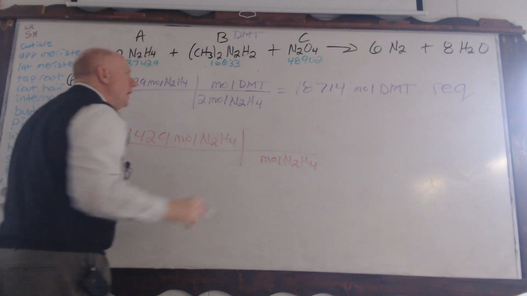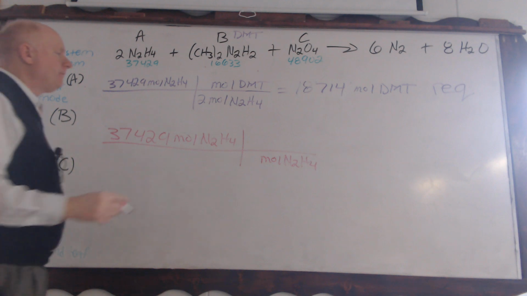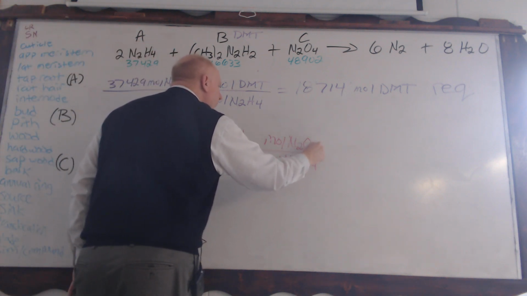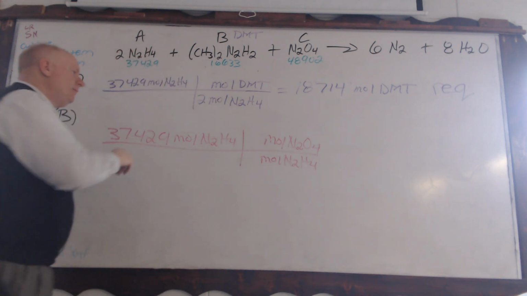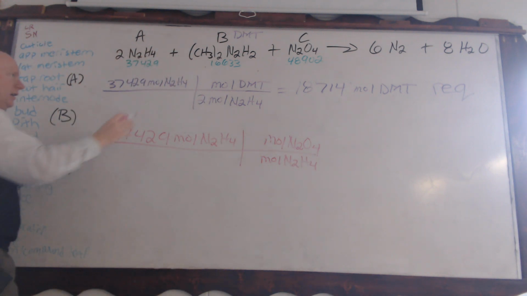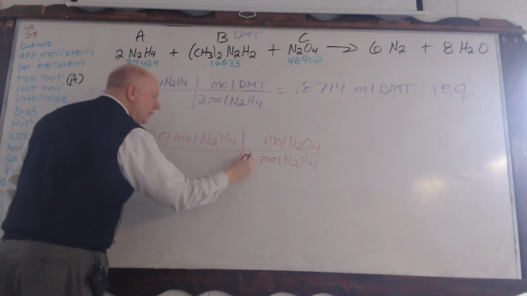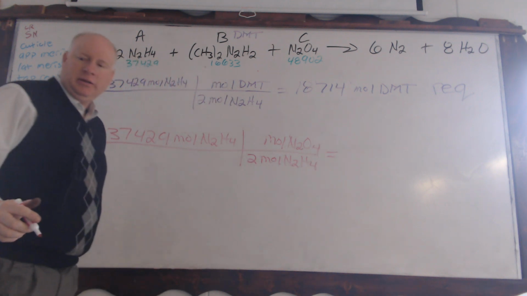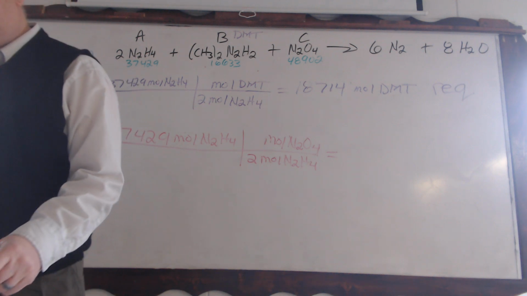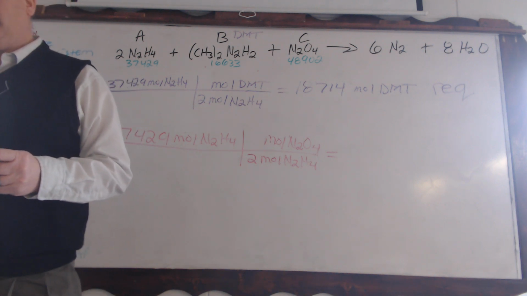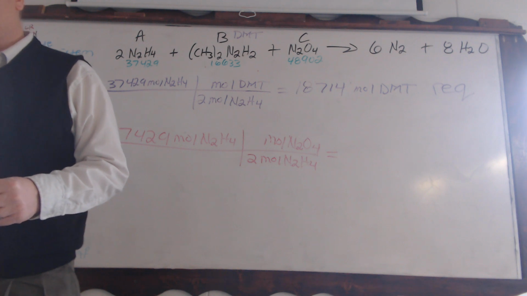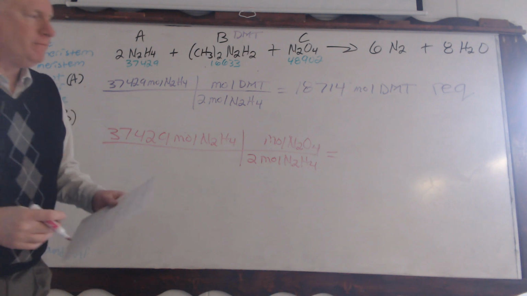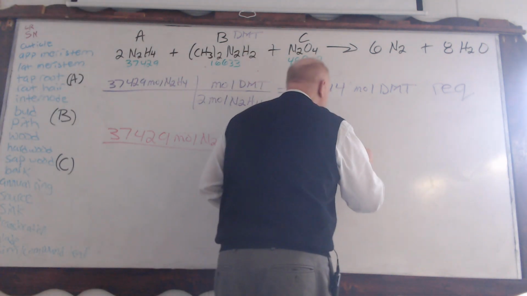And then what goes up top then? Moles of C. Okay? Are we missing anything here? Okay, that too, just like we did in the prior step, belongs there. And then once you do that, 55,874. I feel pretty confident with that.